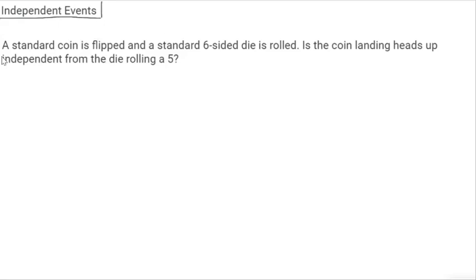To demonstrate this, let's take the example of a coin being flipped and a die being rolled. In order to determine whether or not these events are independent, we should start by writing down the sample space for the two events.